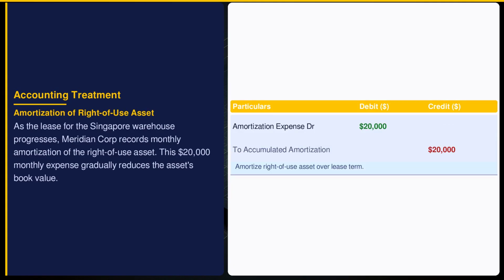Amortization of the right-of-use asset reflects its consumption over the lease term. Indian Accounting Standard 36 requires systematic expense recognition, ensuring Meridian's financial statements show the asset's declining value. This entry affects the income statement by increasing expenses, thus reducing net income, and updates the balance sheet with accumulated amortization.